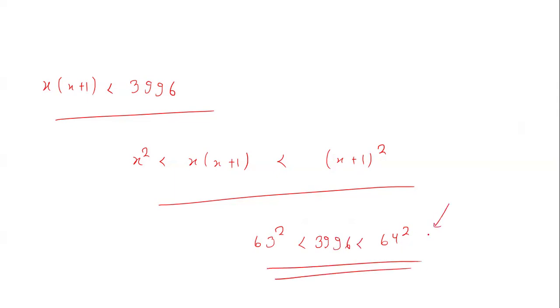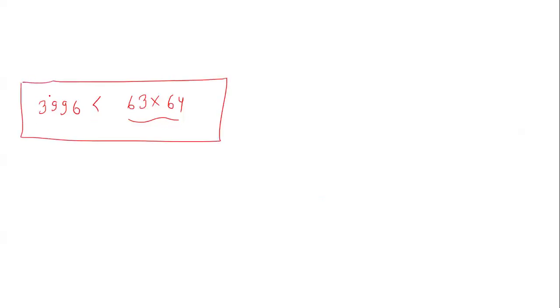You verify this yourself. So this number comes between 63 square and 64 square. And if you also calculate 63 times 64, then this number is greater than 3996. You calculate and see whether this is true or not.